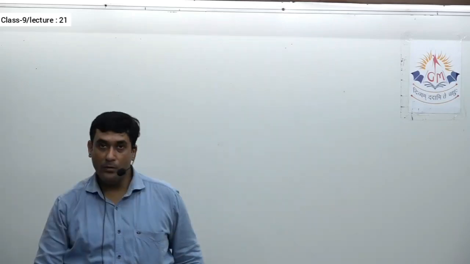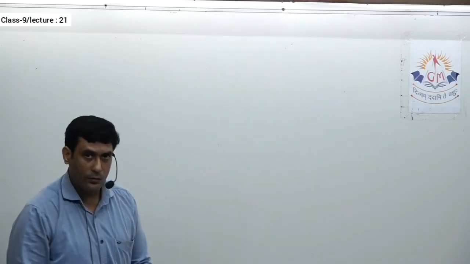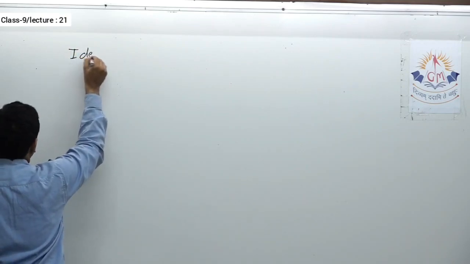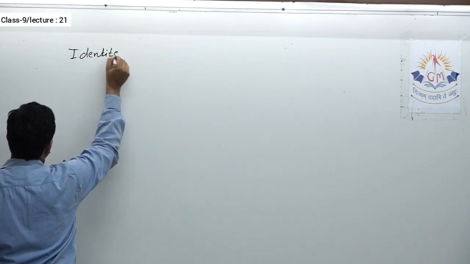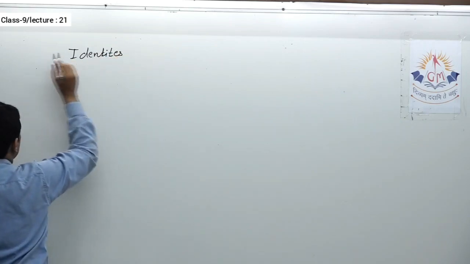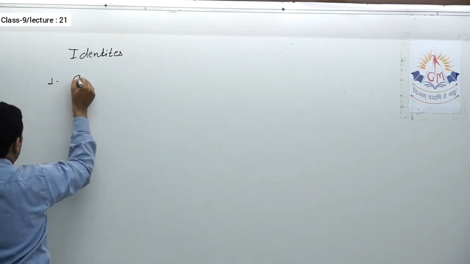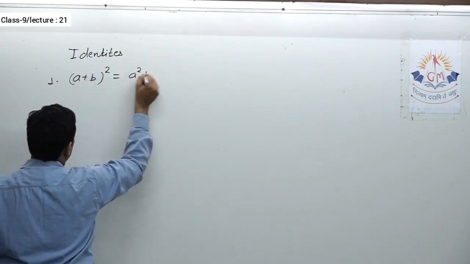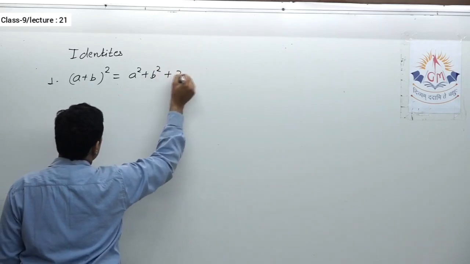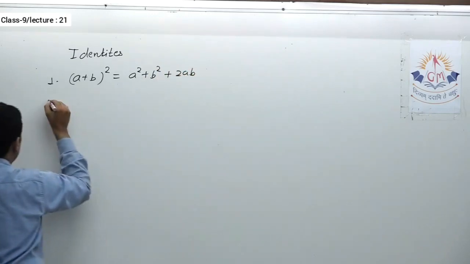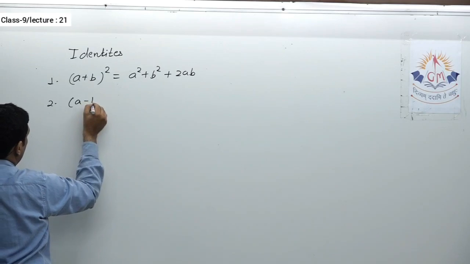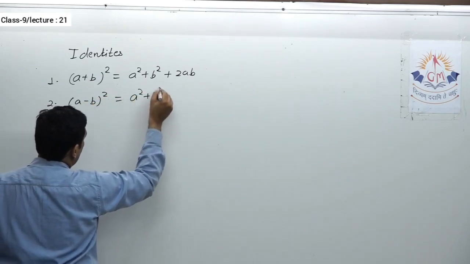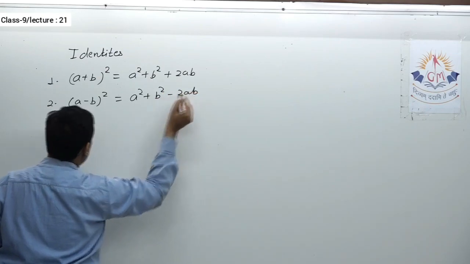Okay, so till now, I'm giving you the list of all those identities that we discussed in this chapter. The first one was a plus b whole square, that is a square plus b square plus 2ab. Second one was a minus b whole square, that is a square plus b square minus 2ab.